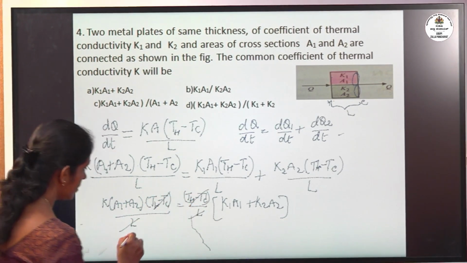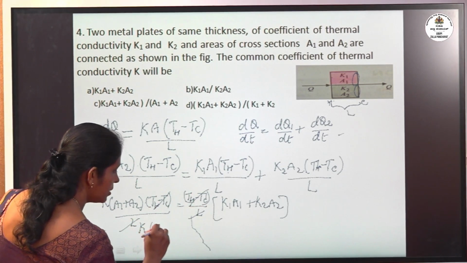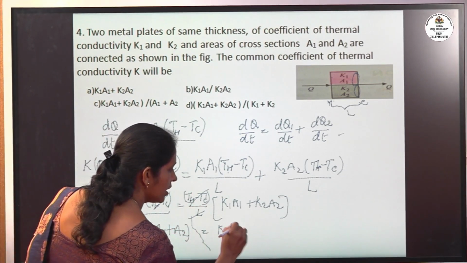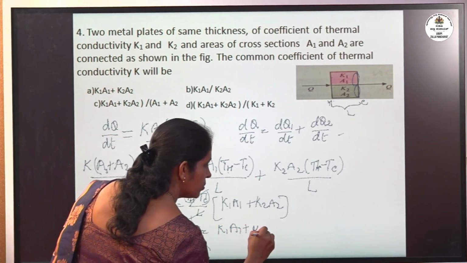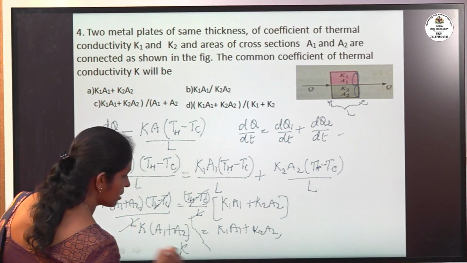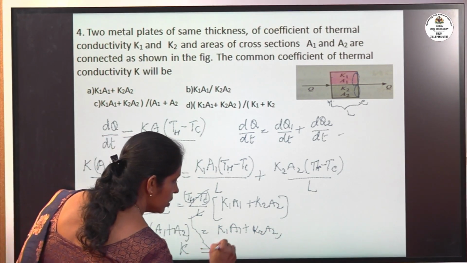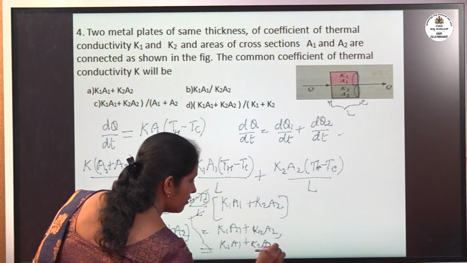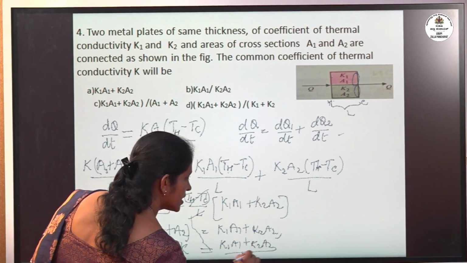We get K into A1 plus A2 is equal to K1A1 plus K2A2, or K, the common thermal conductivity, is equal to K1A1 plus K2A2 divided by A1 plus A2.